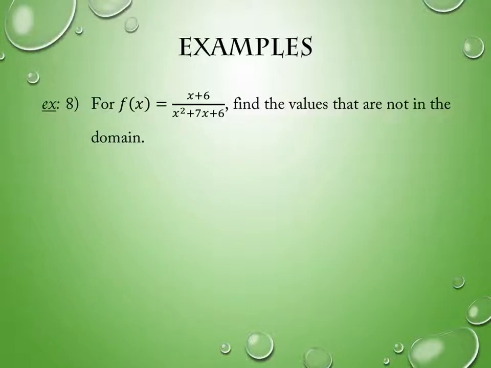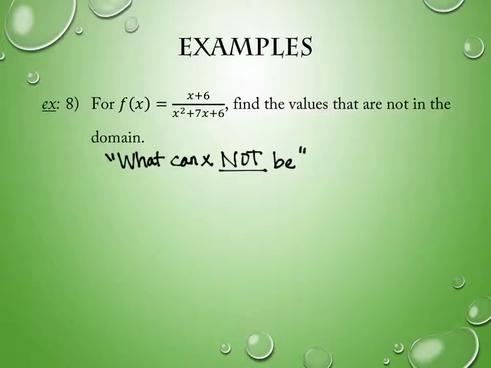All this is asking is, what can x not be? And in particular, on this one, since I'm looking at an equation with a denominator, you do know that there is something a denominator cannot be.